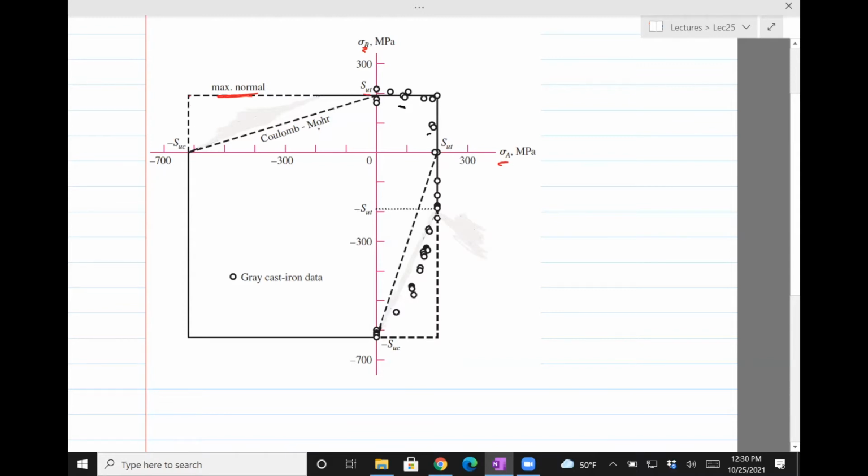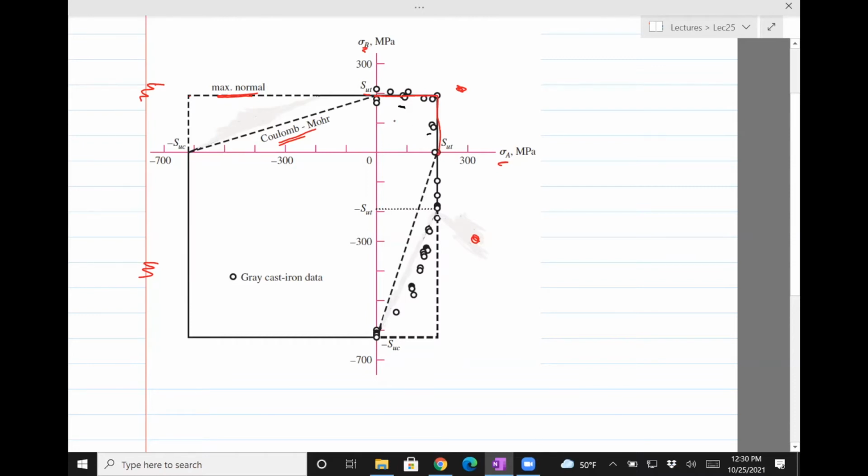And then we can draw the Coulomb-Mohr theory, which is this line, which I just drew some time back. If you notice, there is no data in this region, and there's no data in this region, but there is data in the first quadrant and the fourth quadrant. The Coulomb theory and the maximum normal theory in the first quadrant are pretty much the same line, and the data lines up well with those theories.